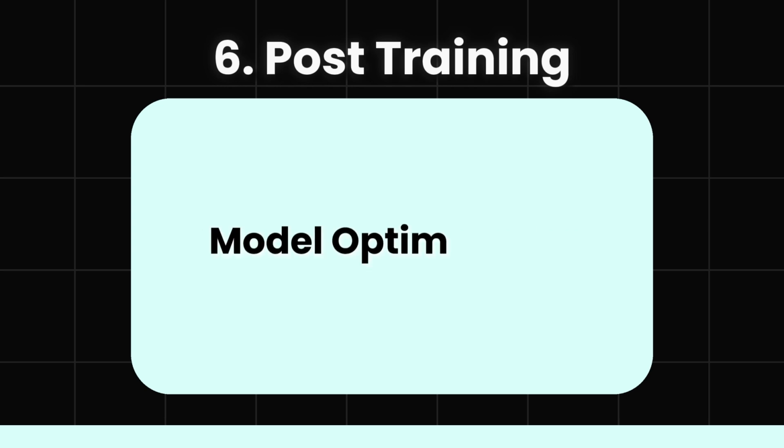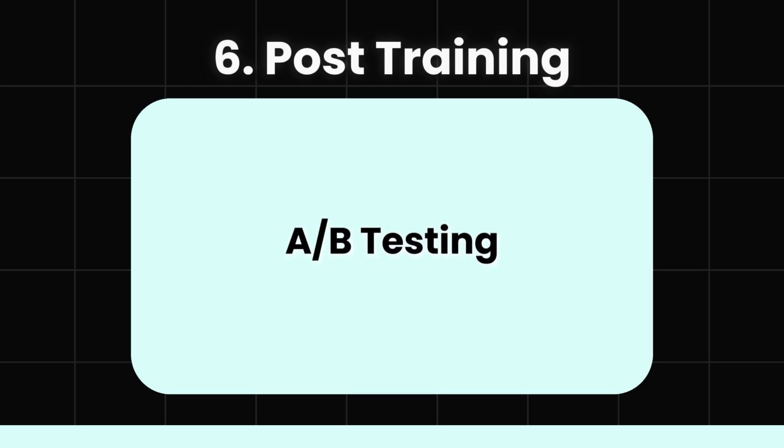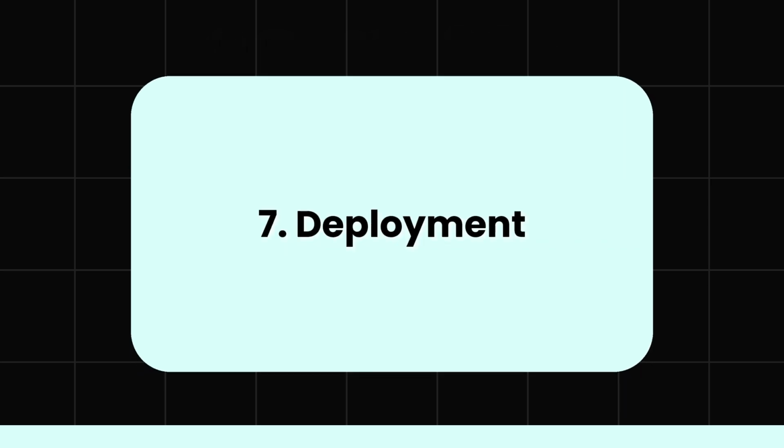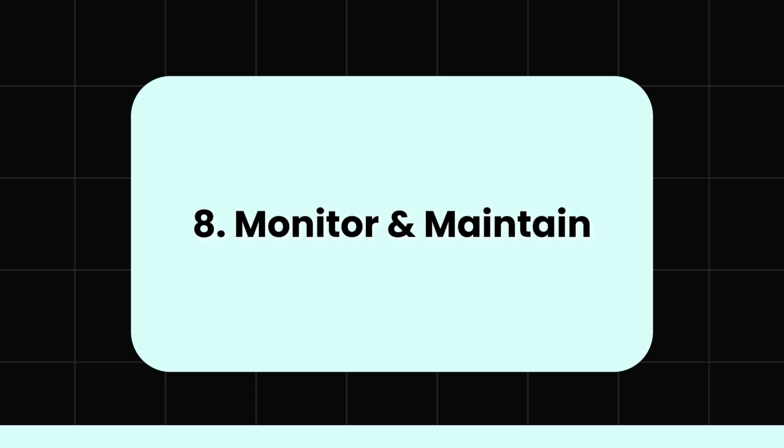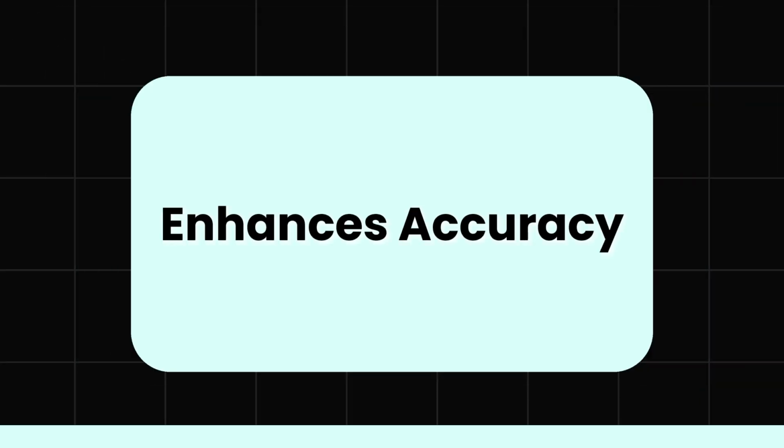There is model optimization, where you optimize the model, and A/B testing, where you compare the model against existing solutions in a controlled environment. And then next, there will be the deployment into a production environment, and then you monitor and maintain the model.